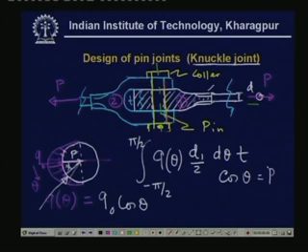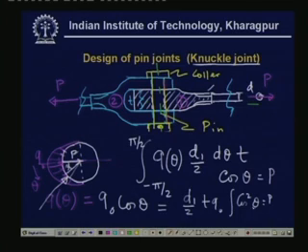From this relation we can find out, substituting q naught cosine theta in place of q theta, it becomes d1 by 2 times t times q naught, times the integral of cosine square theta from minus pi by 2 to pi by 2, which becomes pi by 2.